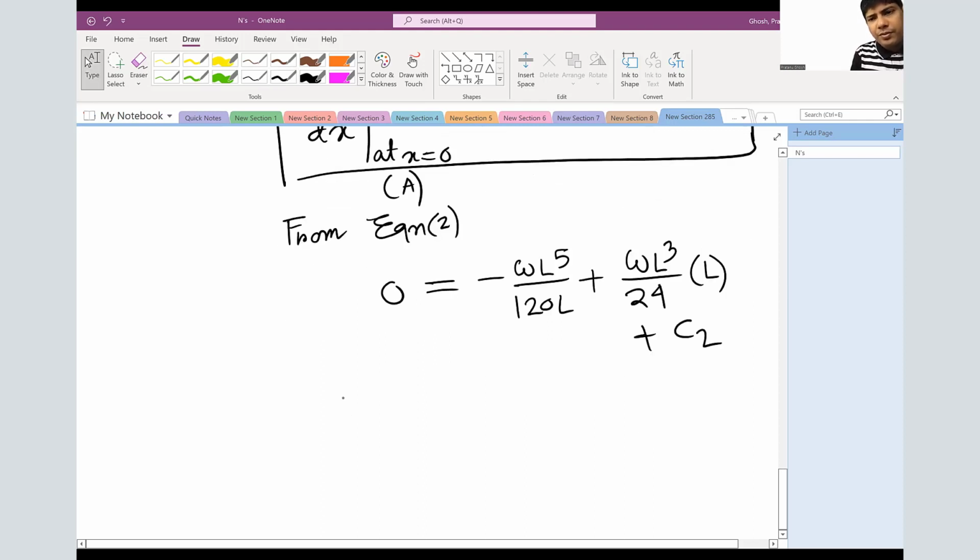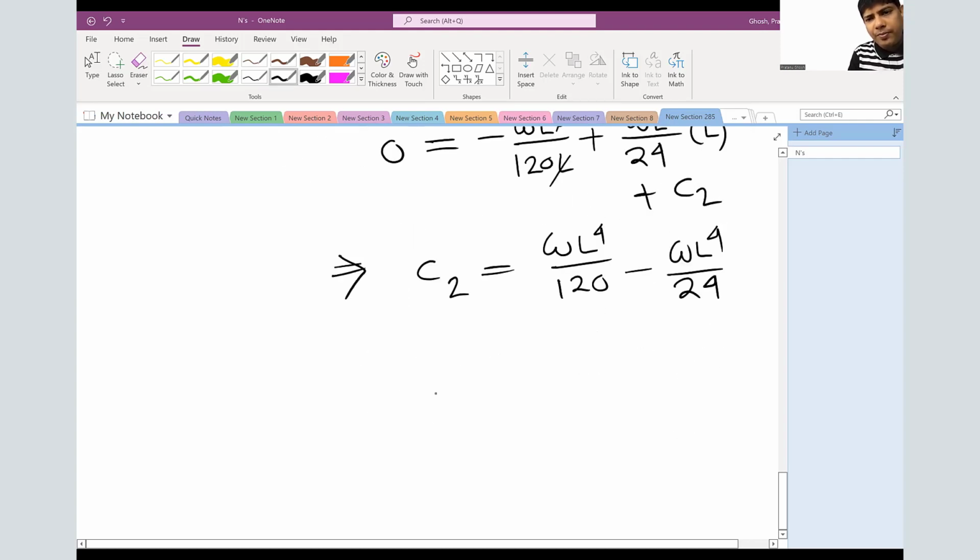So if you find C2, it will be WL^4 over 120 minus WL^4 over 24. If you simplify, it becomes negative 4 WL^4 over 120. So it becomes WL^4 over 30.